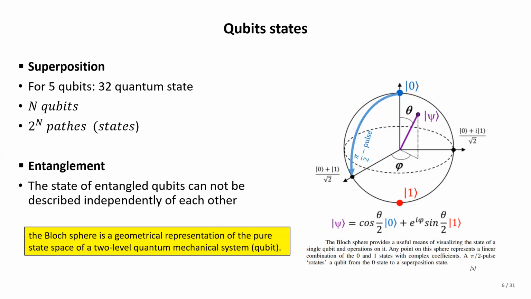However, we have the entanglement, and we talk about that. The entanglement makes it possible to know the other state when you read one state. The state of entangled qubits cannot be described independently of each other, so they have a correlation, and we talked about this in the previous part of this lecture.